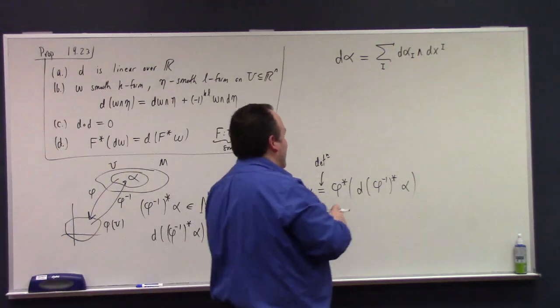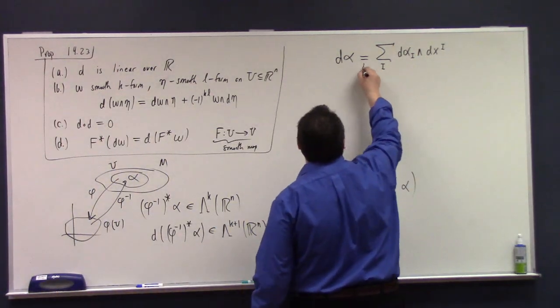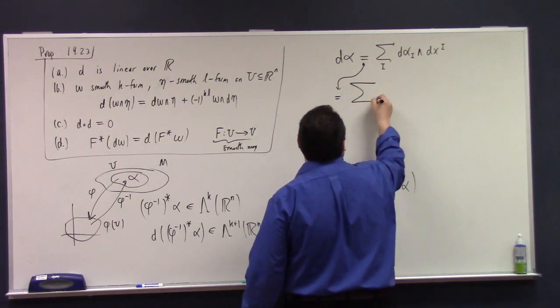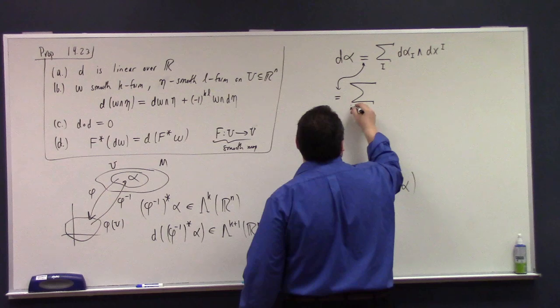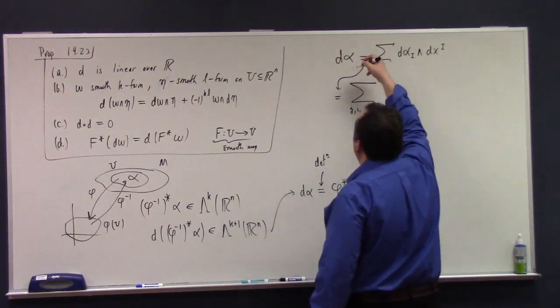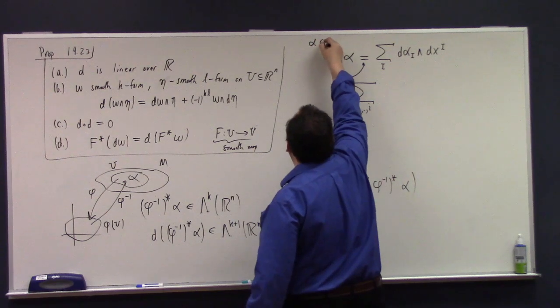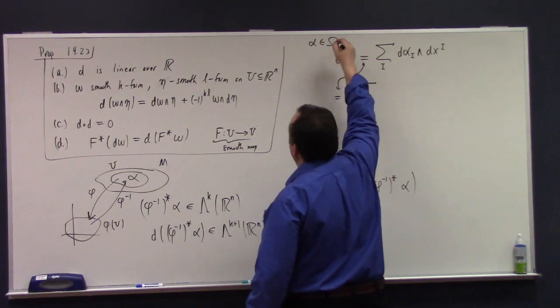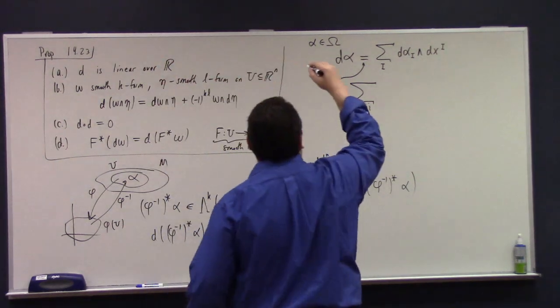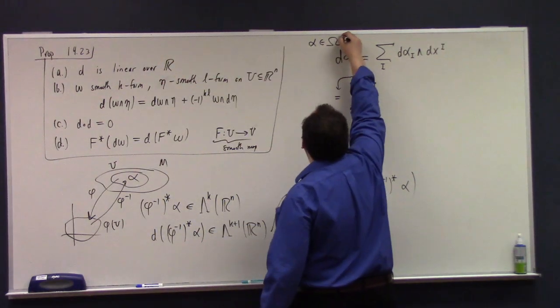If I expand, what am I actually saying here? I'm saying the sum over, let's say, J and then I1 all the way out through, what do you guys want to make alpha an element of? We did a K-form, so K it is.